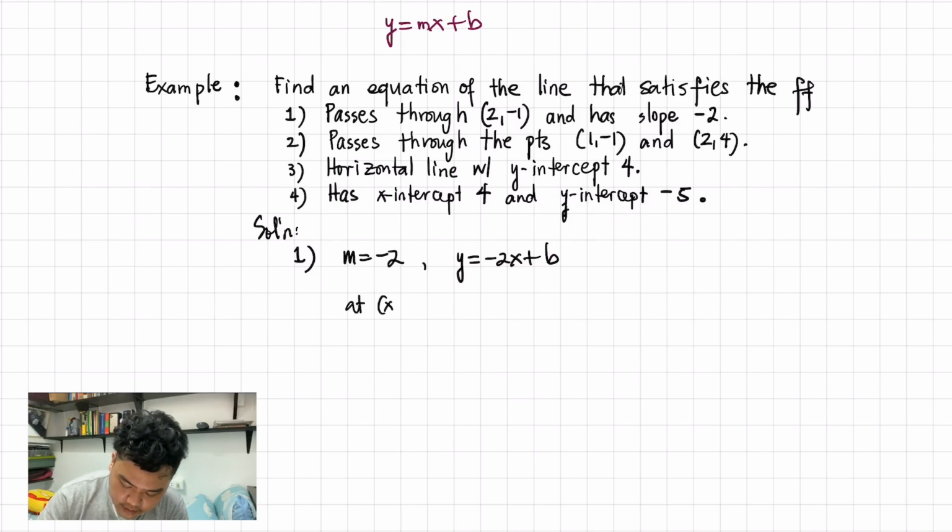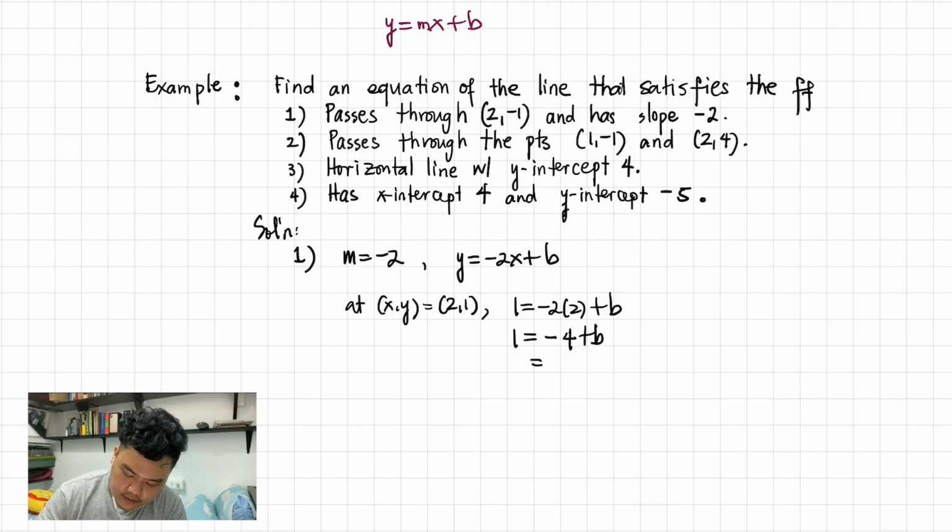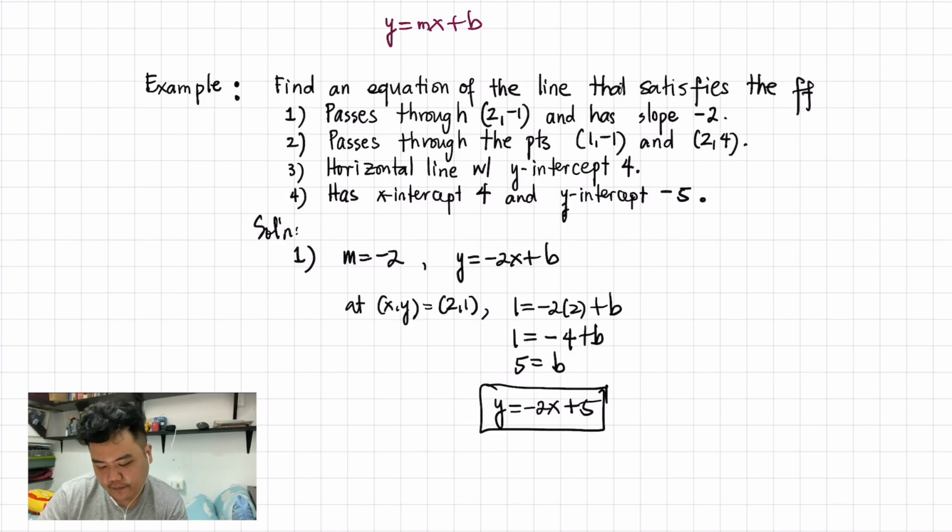So at xy equal to 2, 1, what do we get? 1 is equal to negative 2 times 2 plus b, which is 1 equals negative 4 plus b, or b is, transpose, 1 plus 4 is 5. So the equation of the line is y equal to negative 2x plus 5. So that is the answer for number 1.